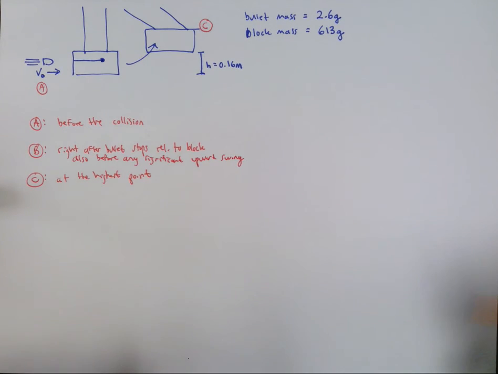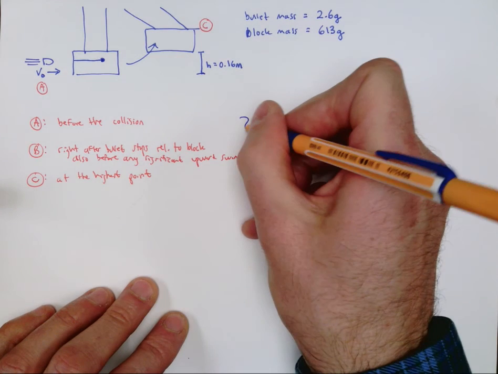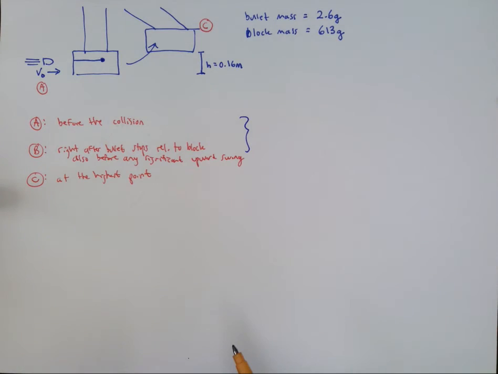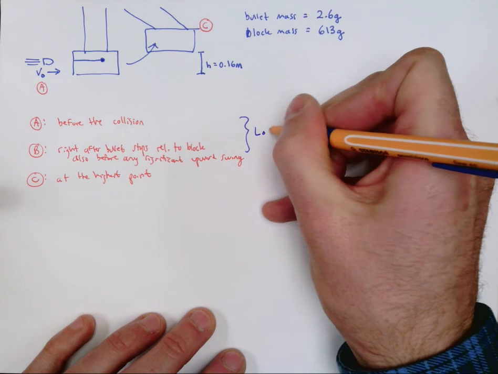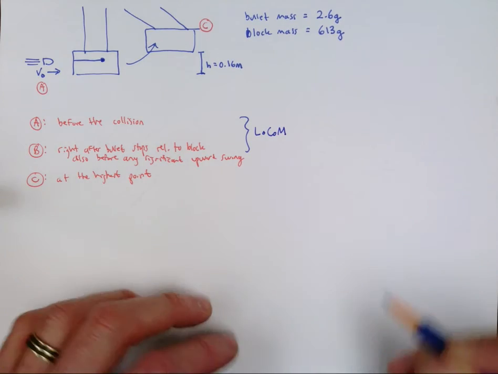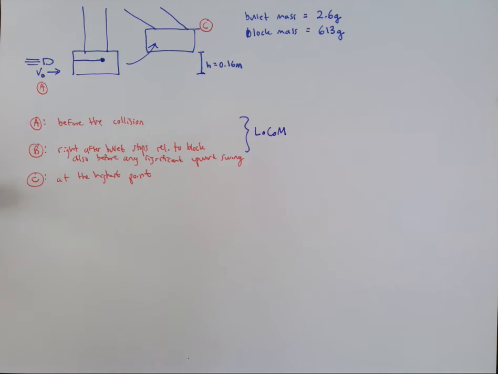So basically, A and B are essentially the moments right before and right after the collision. If you compare A and B, you can use the law of conservation of momentum, because you can use the law of conservation of momentum anytime the only forces that are involved are forces that the objects in your equation are exerting on each other.